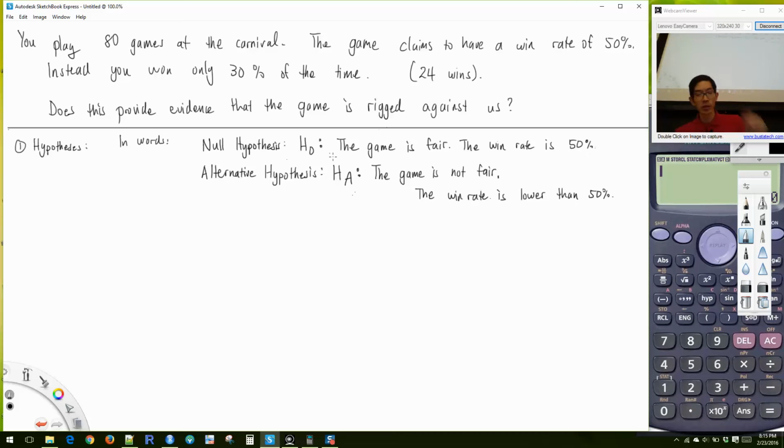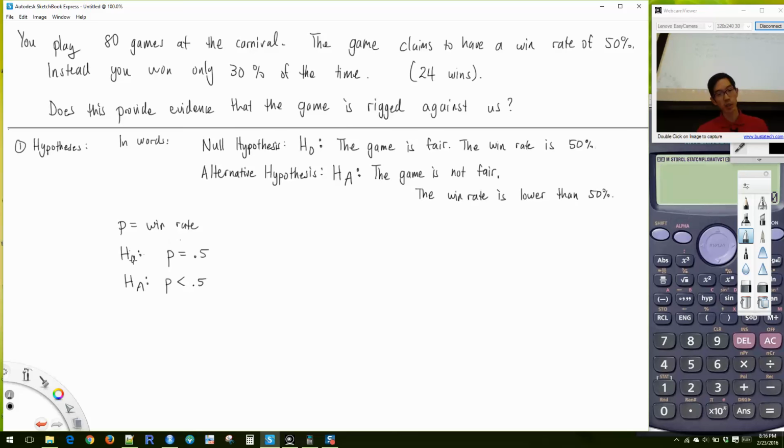I've written these out in words. When we do hypothesis testing, a lot of times we use symbols to shorthand what we're going for. So we will just say P is the win rate, and so our null hypothesis will just look like this: H0: P is equal to 0.5, and our alternative hypothesis is that P is less than 0.5.